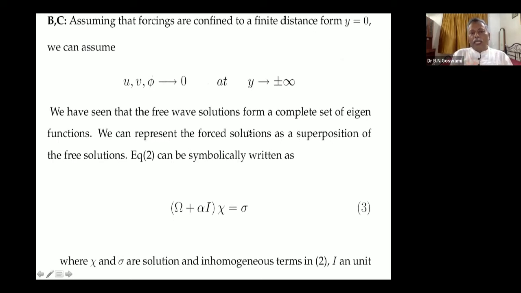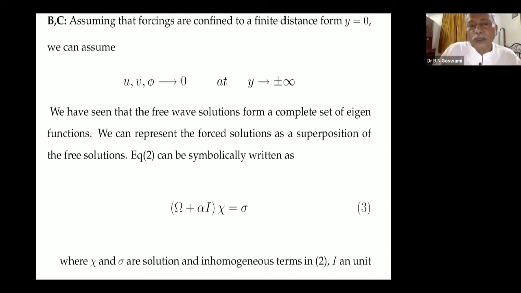Now that we know that in the absence of forcing, there is a whole set of solutions, free wave solutions, which are a complete set of solutions, we can assume that the forced solution will also be a sum of these.